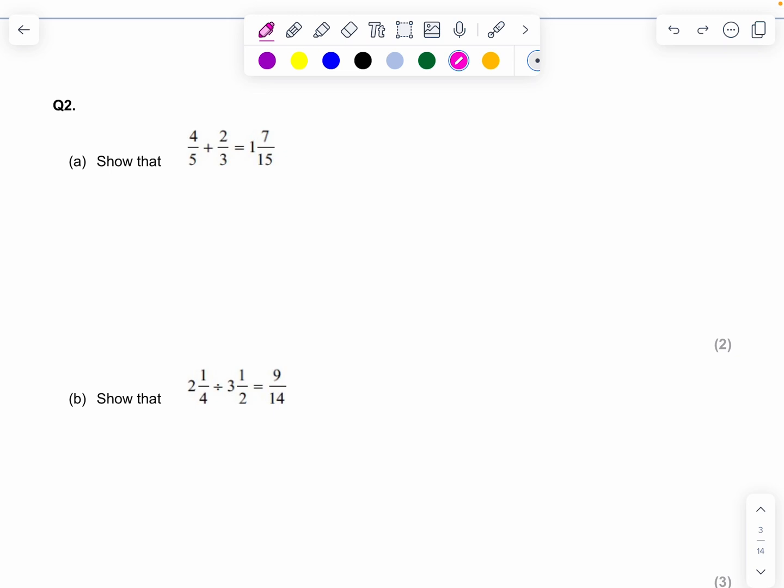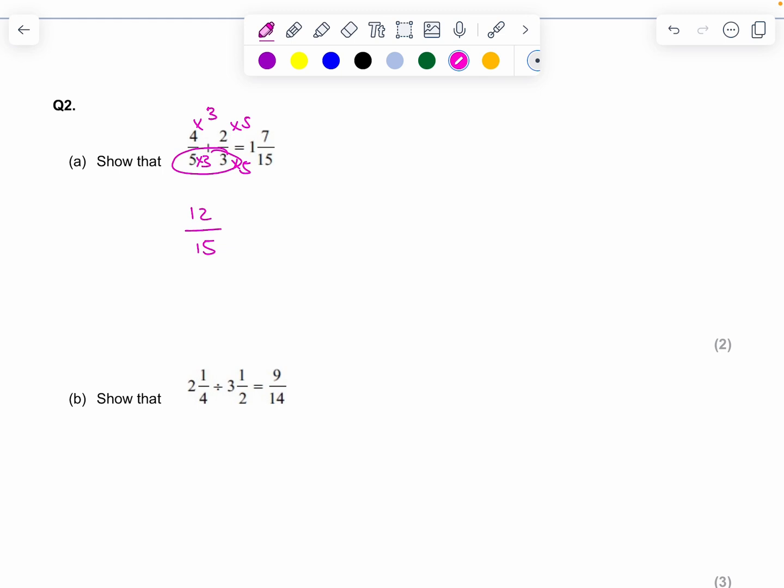Right, show that. Remember, even though you can do it on your calculator, you have to show that you understand how to do it by showing all your working. So I'm going to make both denominators 15 by multiplying the first one, top and bottom, by 3, and then the second one, top and bottom, by 5. So the first fraction becomes 12 over 15.